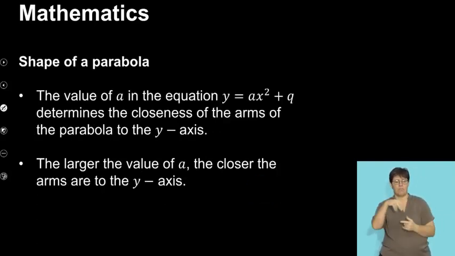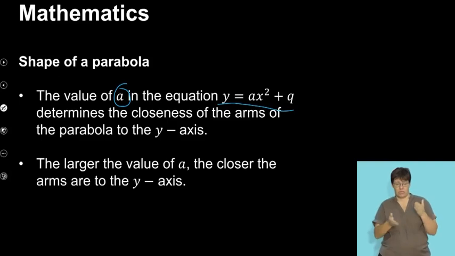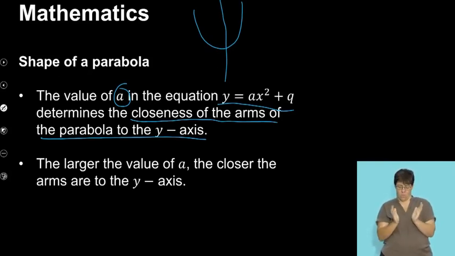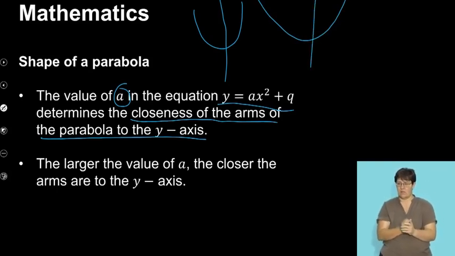Now, when you talk about the shape of a parabola, the value of a, in the general equation, determines the closeness of the arms of the parabola to the y-axis. So you do need to understand this, right? It means if a is small, it will be this particular close, and if it's big, you'll find that it's a bit wider like that, from the y-axis.